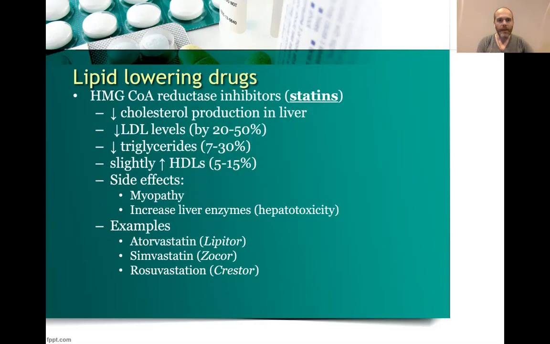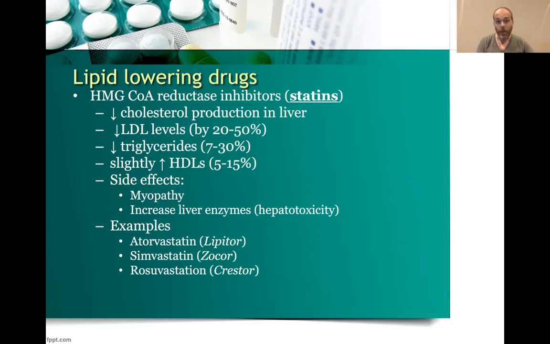So the most common lipid-lowering drugs are called statins. They decrease cholesterol production in the liver. They decrease our low-density lipoproteins, and they increase our high-density lipoproteins, our good ones.